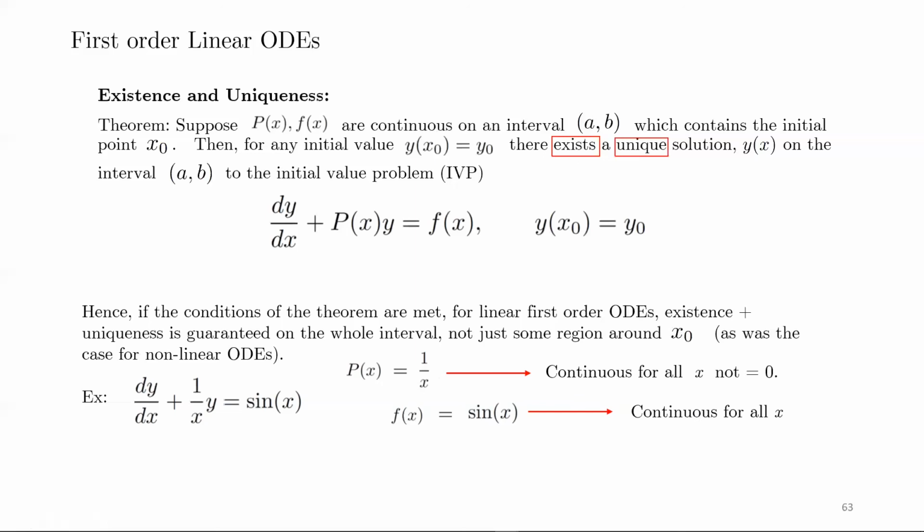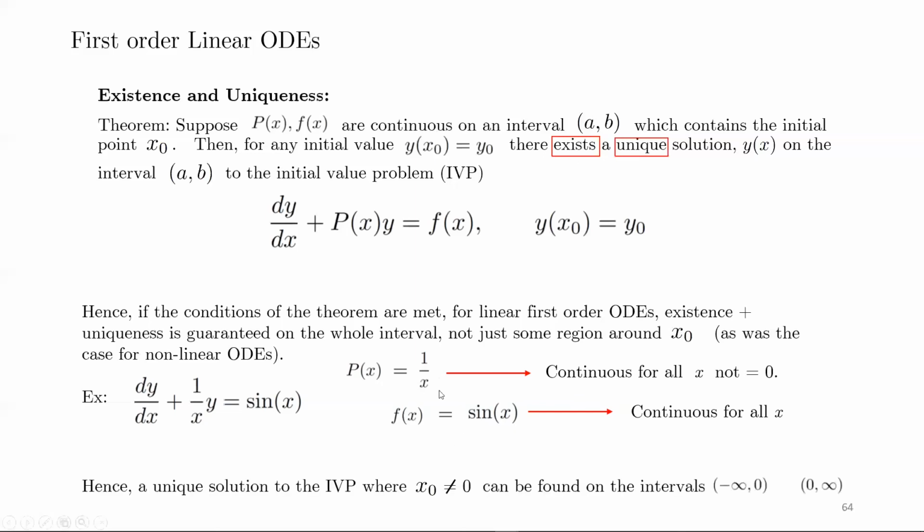Okay, so what does this tell us? This tells us that a unique solution to the initial value problem exists as long as the initial condition is not equal to 0. So if our initial condition lies in the range negative infinity to 0, not including 0, then there exists a unique solution to this initial value problem on the interval negative infinity to 0.